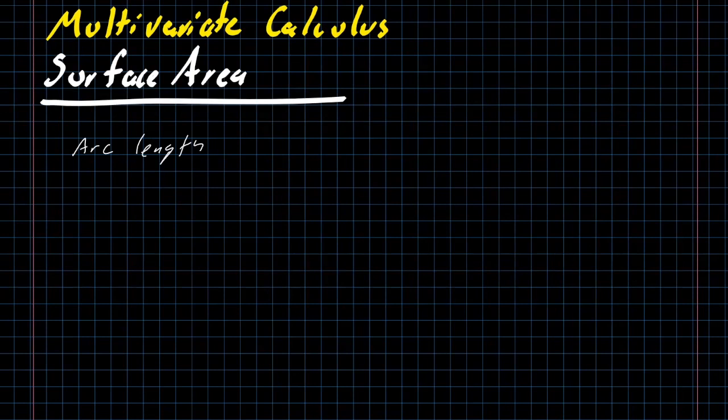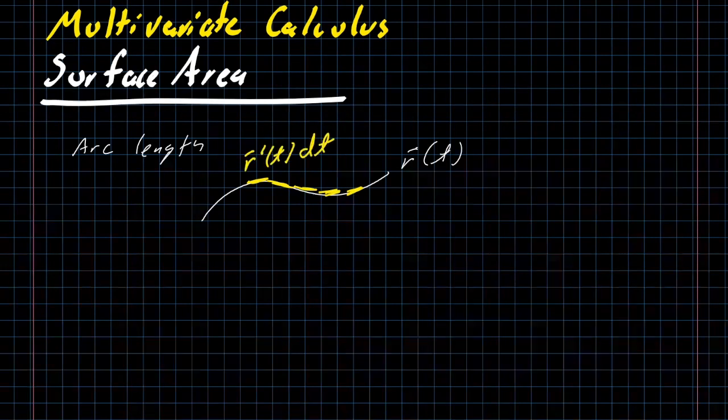When we studied the arc length of a parametric curve, r of t, we broke the curve down into tiny pieces, which I'm going to exaggerate as relatively large pieces. But we found out that each of those pieces was a vector r prime of t dt.